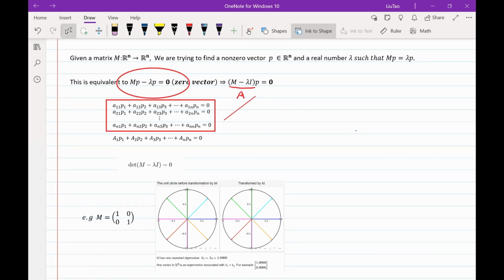If we denote the column A11, A21, AN1 as A1, and A12, A22, AN2 as A2, then we can simplify this into the equation: A1 times P1 plus A2 times P2 plus A3 times P3, and all the way to AN times Pn equal to 0.